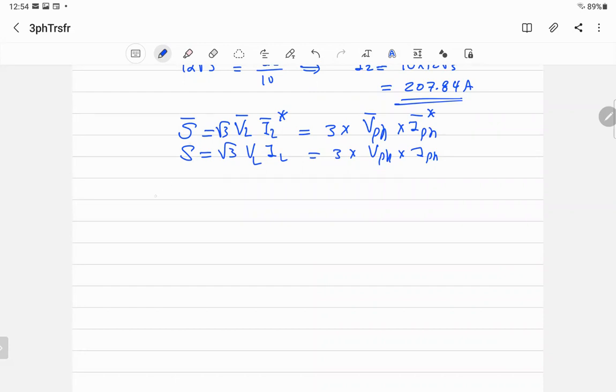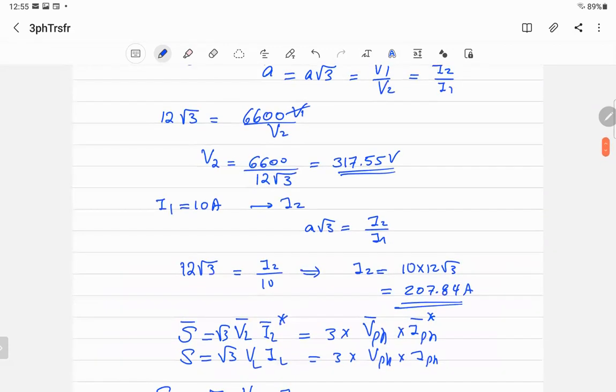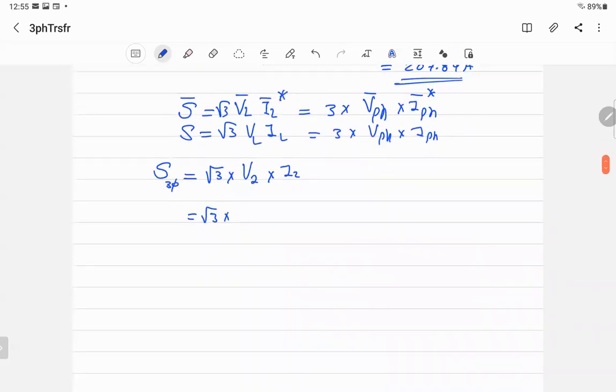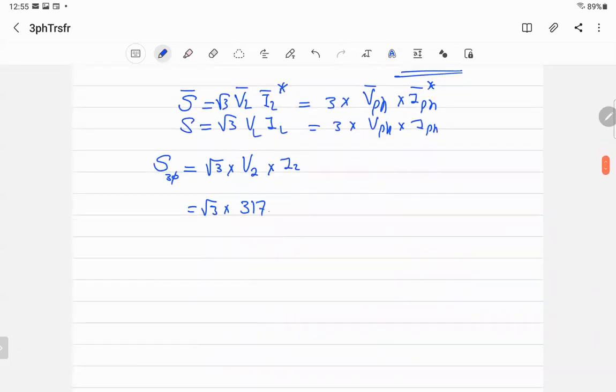S for three-phase transformers equals square root 3 times line voltage V2 times I2, and I got V2 317.55 volts, and the current was 207.55, I think. No, 84. So that will be the apparent power in VA.